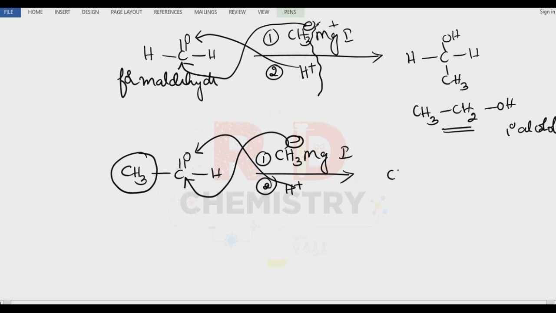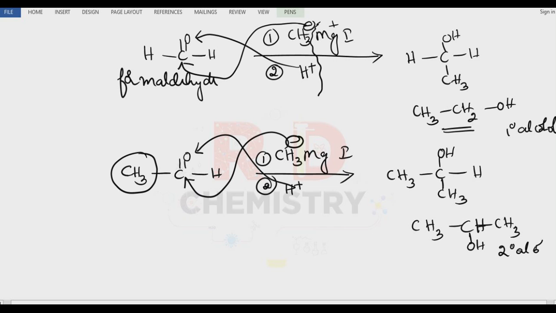So we'll be writing CH3, then COH here, then a new CH3 and then H here. Correct? Or this can be written as CH3, COH, right? Then it is a CH3 and to the middle carbon atom hydrogen is there. So this is a secondary alcohol, correct? This is a secondary alcohol. So this other aldehyde is acetaldehyde. Any other aldehyde other than formaldehyde gives secondary alcohol.